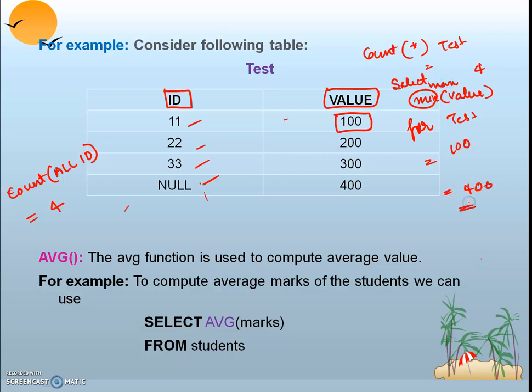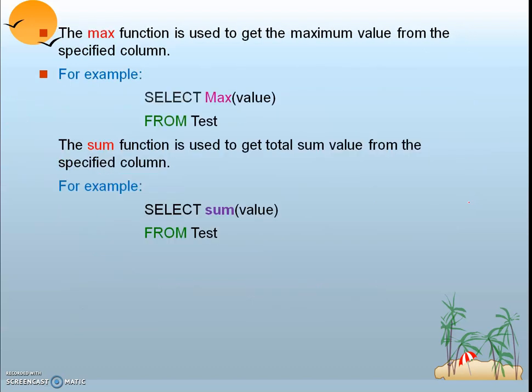The syntax is the same. So the next one is the sum function. Sum, as the name indicates, there's nothing much to explain. Sum is going to give the total value from the specified column or attribute. Clear?